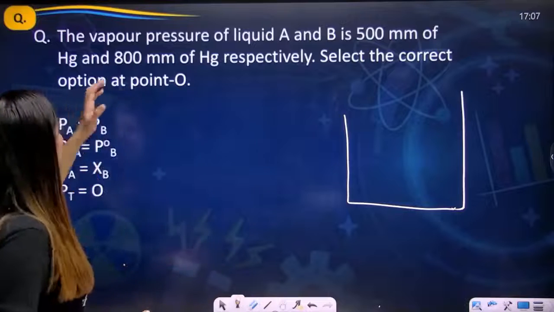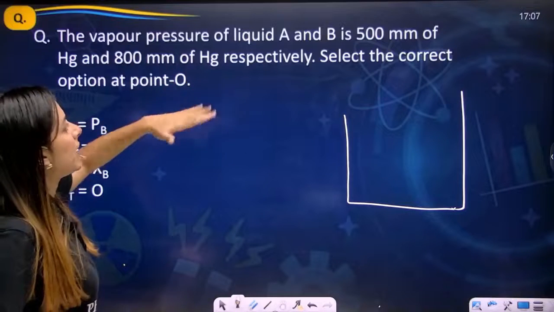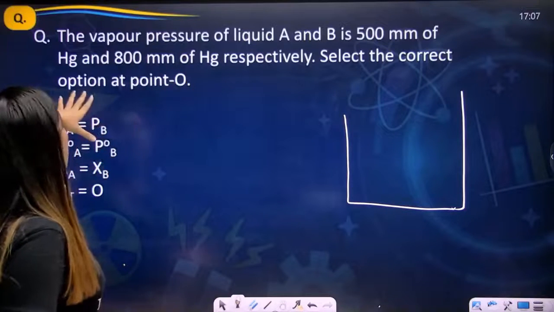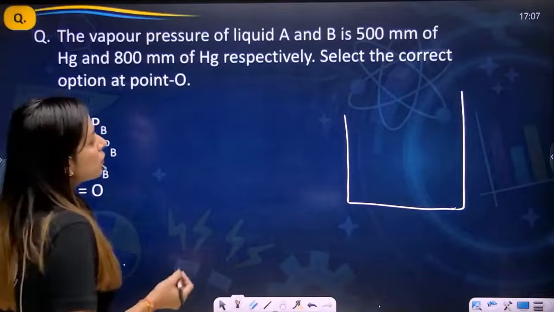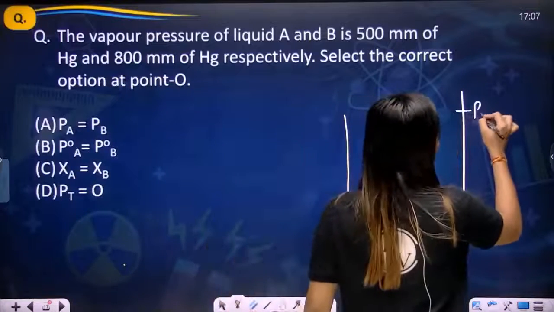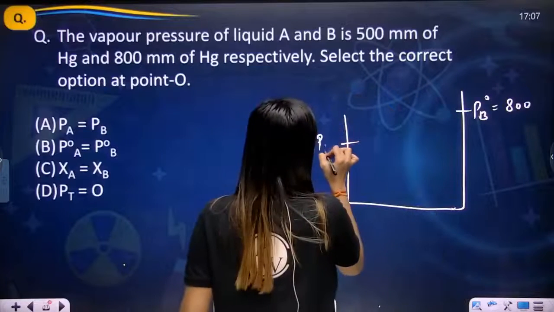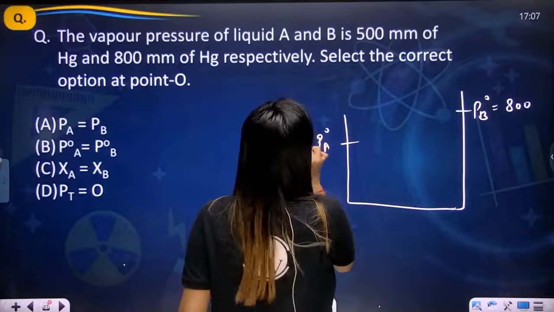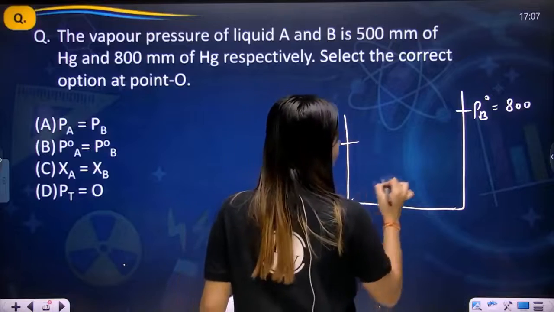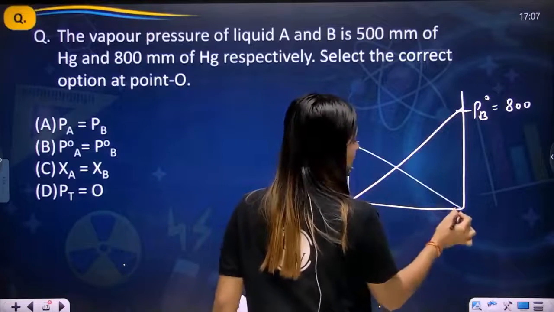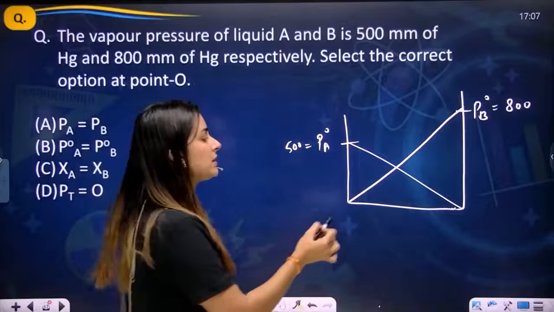See, you have the vapor pressure of liquid A and liquid B as 500 and 800 mm of Hg, which means that you will have PB naught equal to 800 and PA naught equal to how much? 500. Okay, so you know that this will be like this and this will be something like this, and your point O is here.